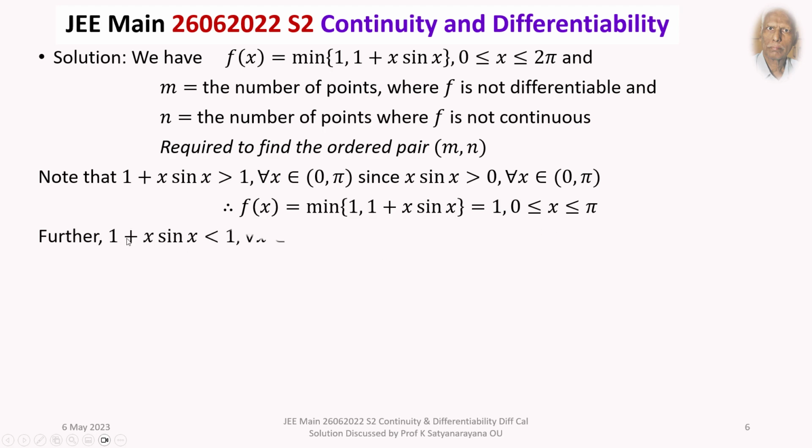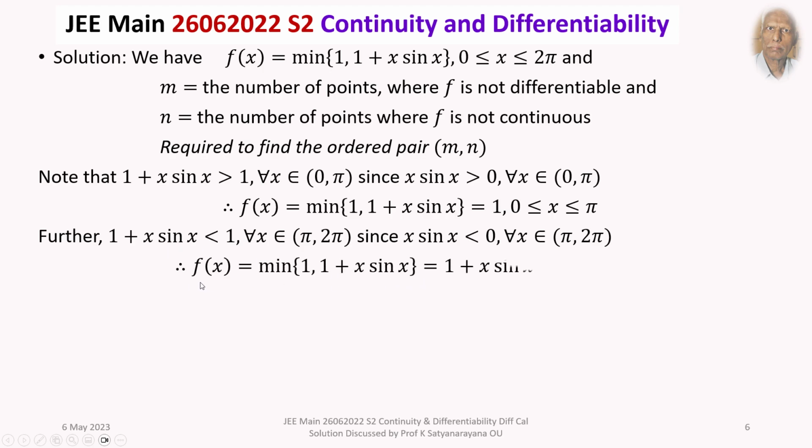Now, further, 1 plus x sin x is less than 1 for all x belonging to the open interval pi comma 2 pi. Why? Sin x is negative for all x belonging to the open interval pi to 2 pi. Look at your sine curve. And x is positive, so the product is negative. So x sin x is negative, and since something is subtracted from 1, that is less than 1.